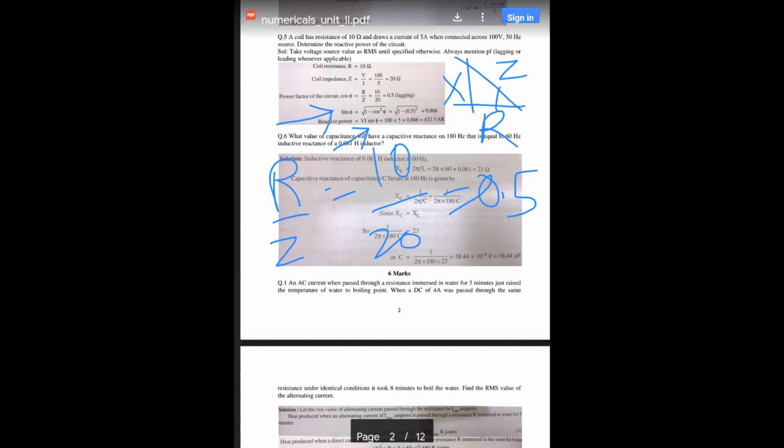Since we are interested in the calculation of sin phi and we have this right angle triangle, we know that sin phi is perpendicular upon hypotenuse, so X upon Z. Using the Pythagoras theorem we can calculate X. So Z square is equal to R square plus X square, so X will be the square root of Z square minus R square.